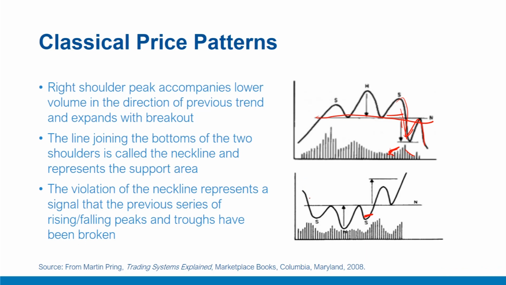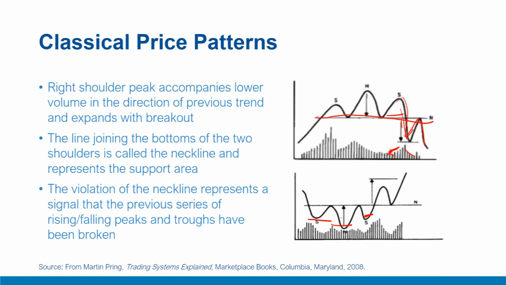The figure at the bottom is a classical reverse head and shoulders pattern. This shows a head and shoulders pattern at a market bottom. This is also called an inverse head and shoulders, a reverse head and shoulders, or head and shoulders bottom.